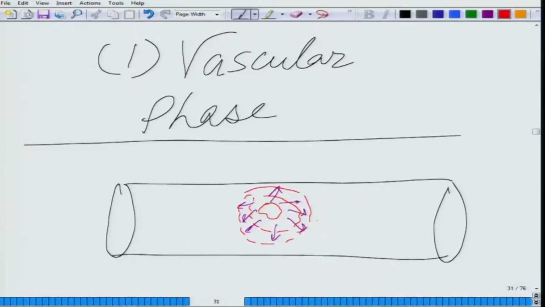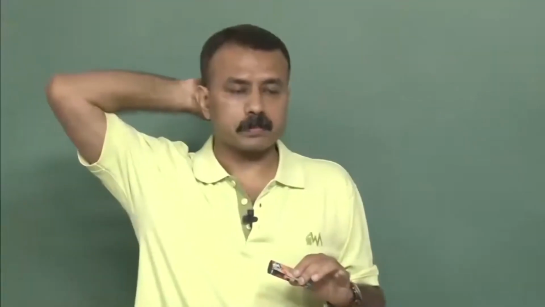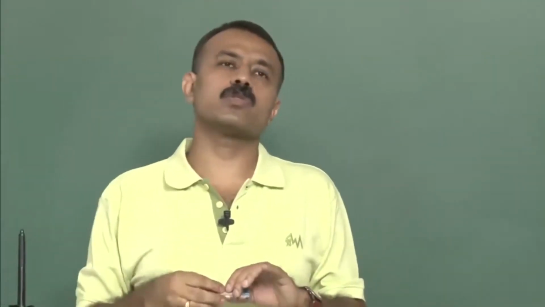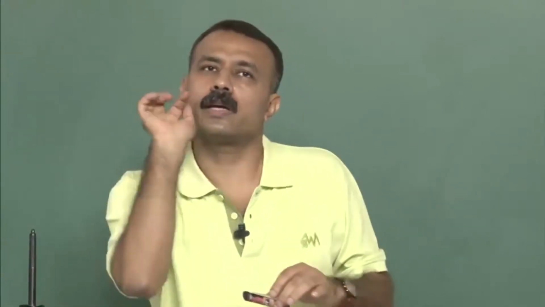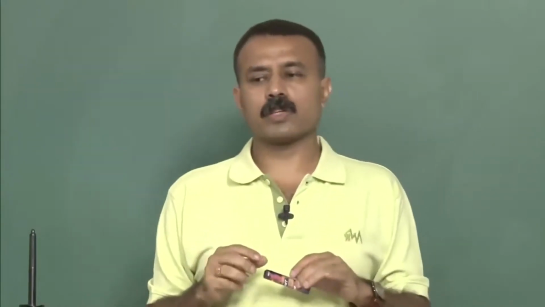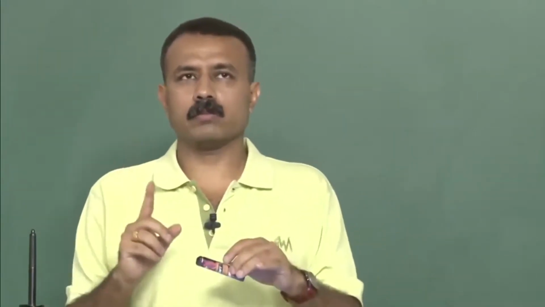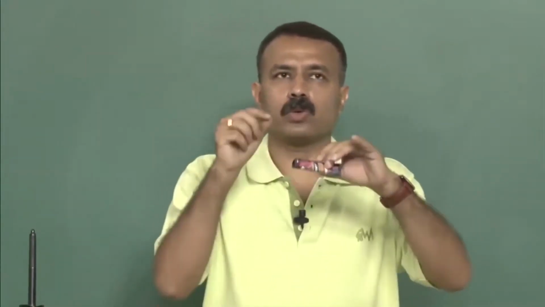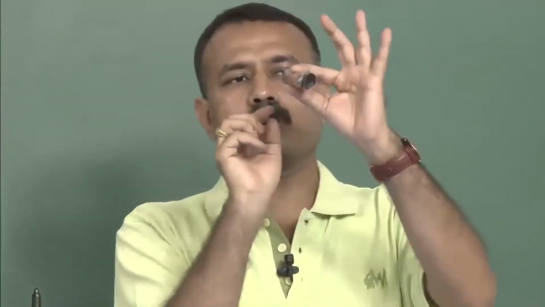But in the case of blood vessels, a phenomenon called vascular spasm takes place whenever there is damage. What does vascular spasm mean? We have to take an extreme example to explain this. Imagine this is your blood vessel through which the blood is flowing. Now, if there is a cut, I am cutting it into 2 pieces.